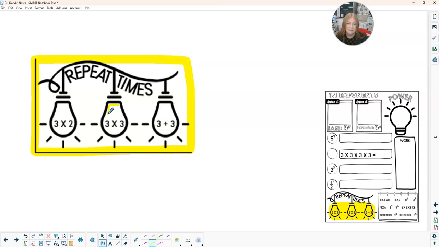So this one here is an example of an exponent, 3 to the third, or 3 times 3, that would end up being 3 squared. And then this one, it is repeated, but it's not multiplied. This is not an exponent number. So the only one is this one in the middle. It repeated and it multiplied.